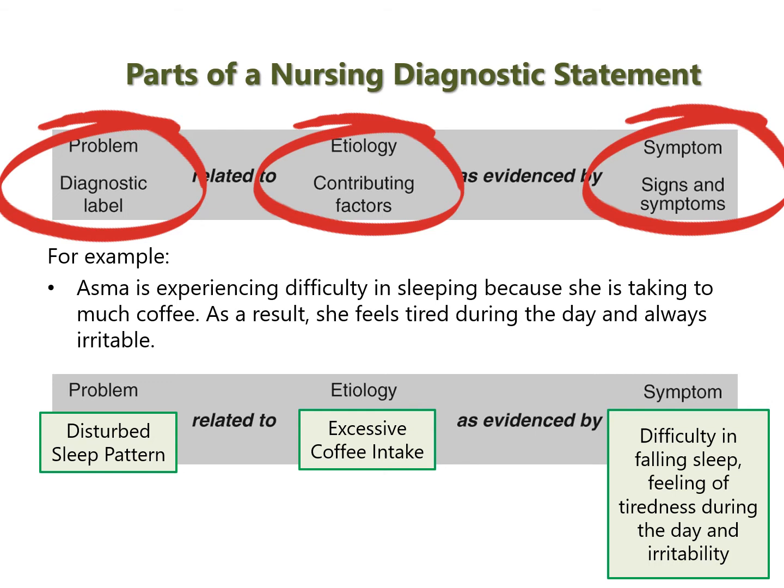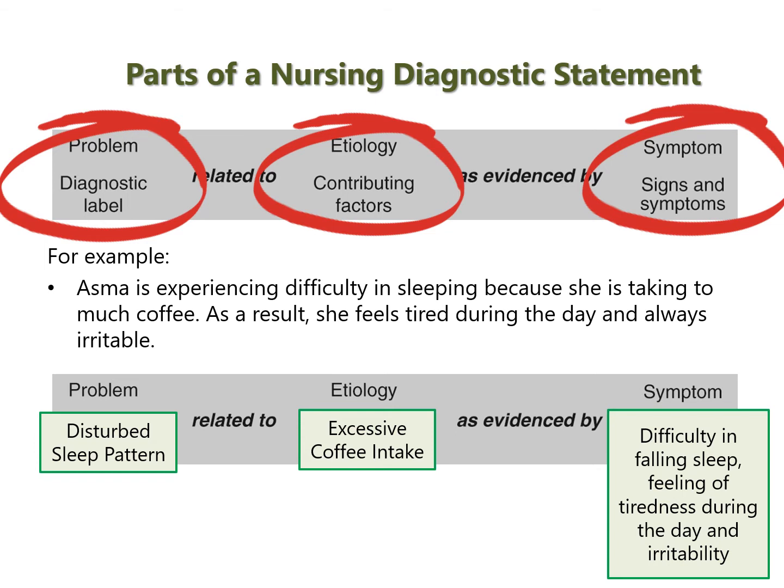For example, Asma is experiencing difficulty in sleeping because she is taking too much caffeine. As a result, she feels tired during the day and always irritable. So the problem here is disturbed sleep pattern. Where do we get this diagnostic label? It is from the NANDA diagnosis.